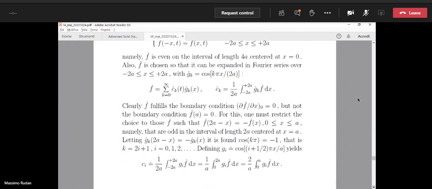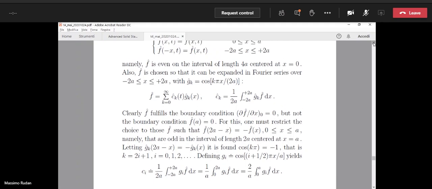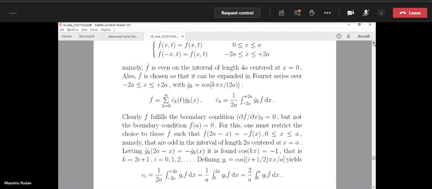But we still have a degree of freedom, because this function f hat is defined in an interval that is 4 times longer than the interval between 0 and a, where we actually need to solve the equation, okay?